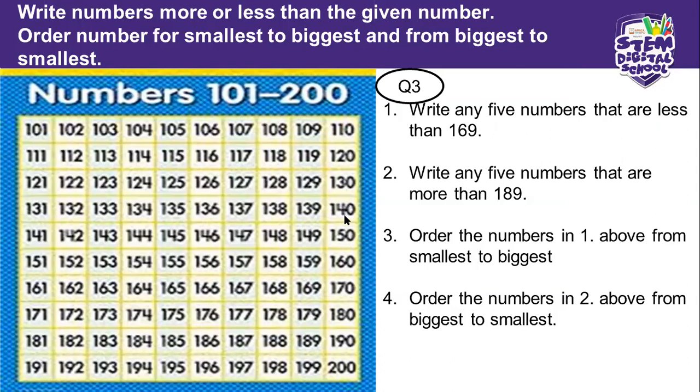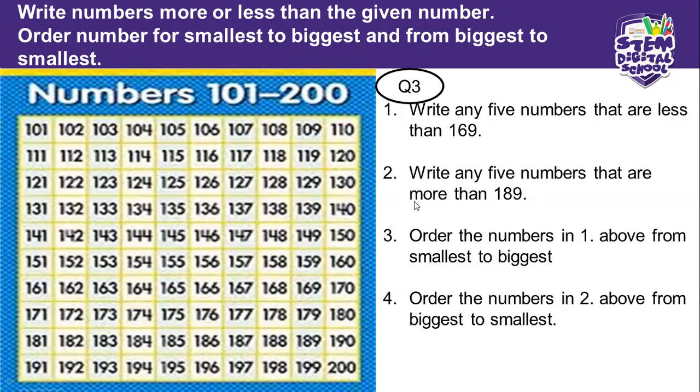Blessing. Oh, okay. All right. And check your other number there. Blessing. Number 2, they said write any 5 numbers that are more than 189. Okay. Remember, we are guided. That is why we've got this number block here. We must only include the numbers which are here.